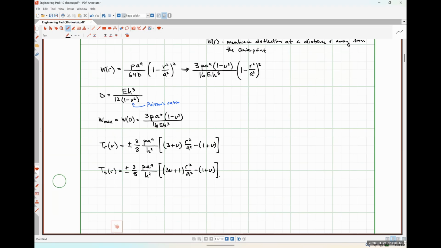So where do we expect maximum stress to occur in this system? When we had a cantilever beam, where did maximum stress occur? At the anchor.